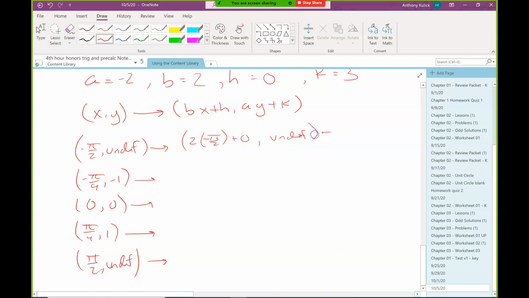And if something is undefined, it doesn't matter what you do to it, it still stays undefined, right? Is everybody okay with that reasoning?